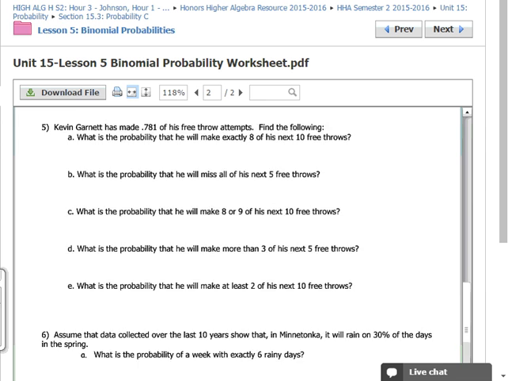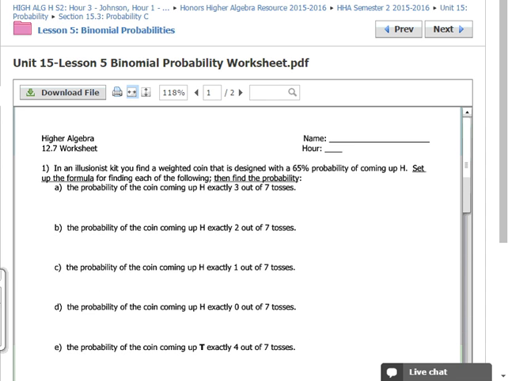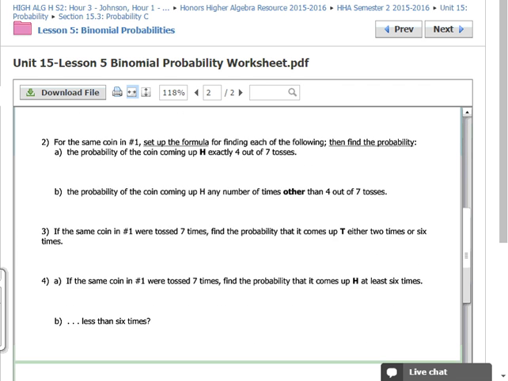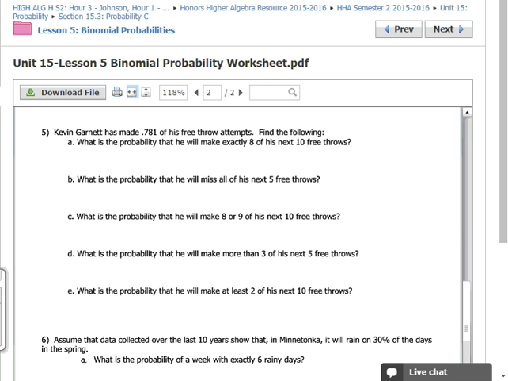Anyway, so they use the same percentages up here. Where's the percentages for the illusionist's coin? Oh, there we go. Kevin Garnett's making 78.1% of his free throw attempts, 0.781. Yes, if it's 8 or 9, you just add 8. Probability of exactly 8.